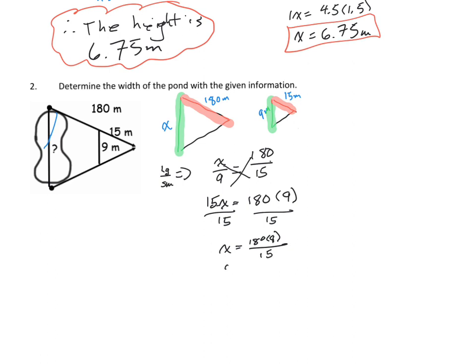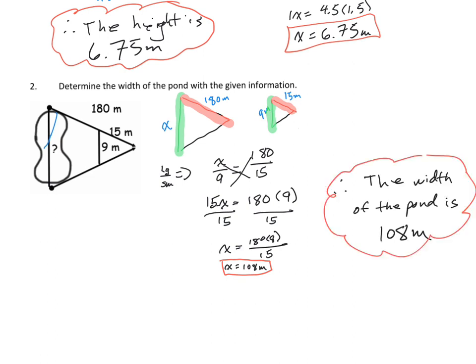Which gives us x is equal to a final answer of 108 meters. So there is our answer, and then we just state our final answer. Therefore, the width of the pond is 108 meters.